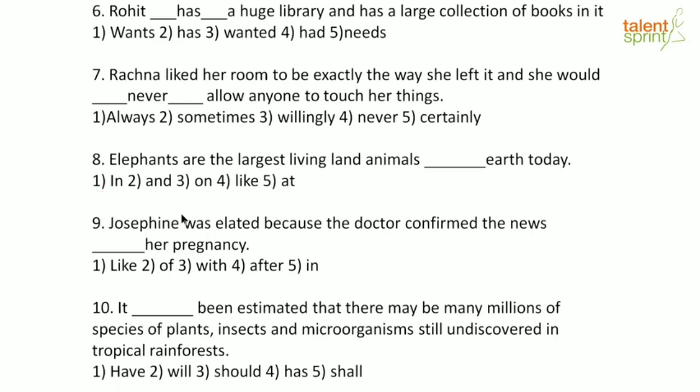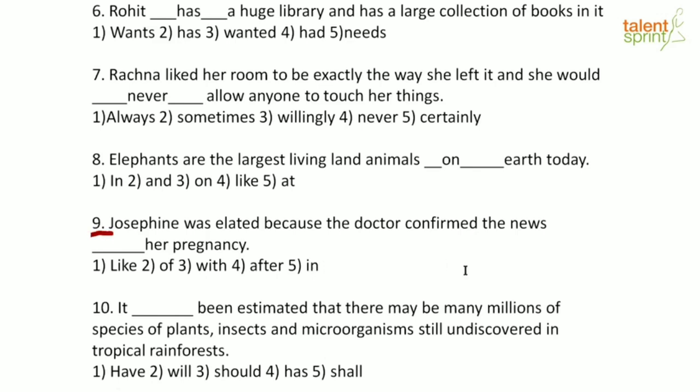Elephants are the largest living land animals at earth today, again illogical, because at as a preposition brings in a specific location, but we're widely talking about earth here, and we're talking about on the surface of. So the right preposition that will fit the blank is on. Let's go ahead and fill the blank.